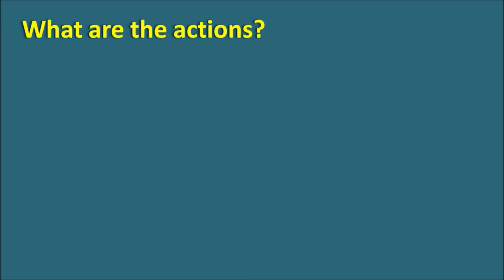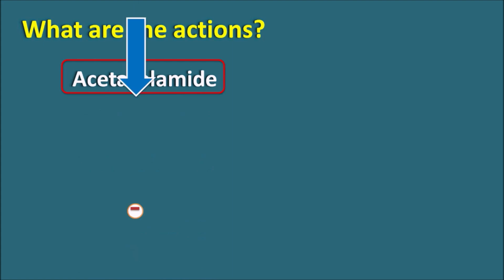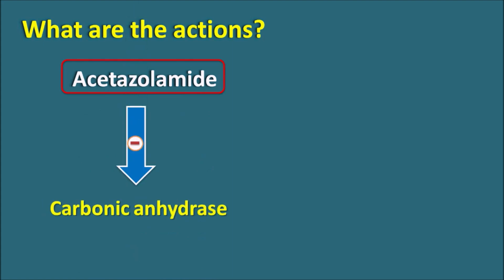What are the actions? Already we have seen that acetazolamide inhibits the carbonic anhydrase enzyme activity at the proximal convoluted tubule, thereby increasing sodium bicarbonate excretion. And we know that sodium bicarbonate is not the major electrolyte in our body fluids. Sodium chloride is the main electrolyte.